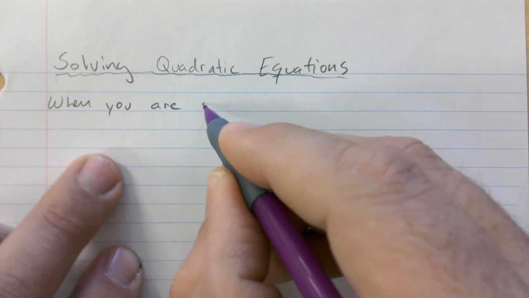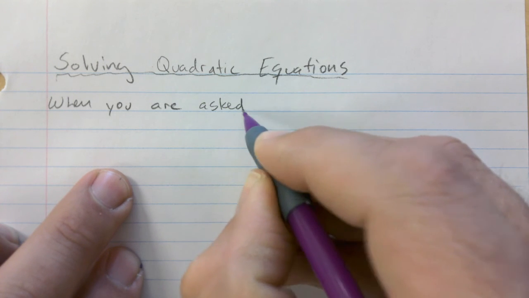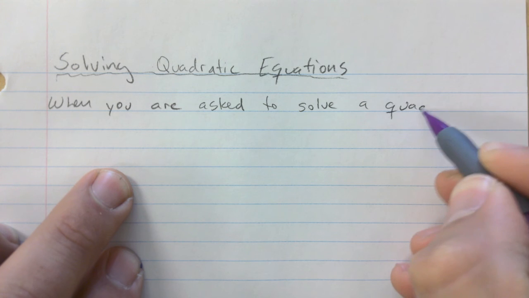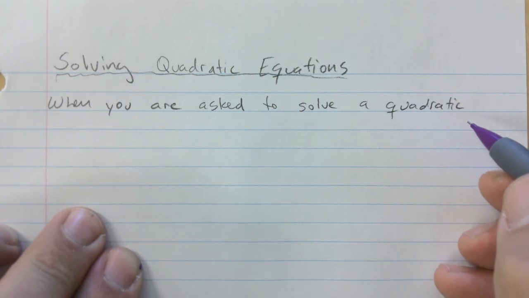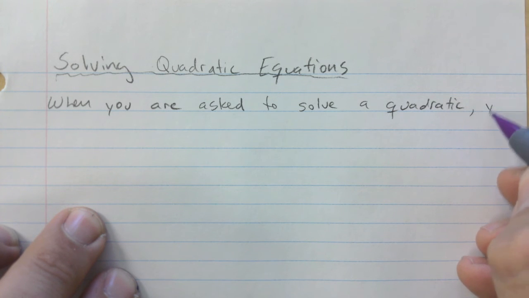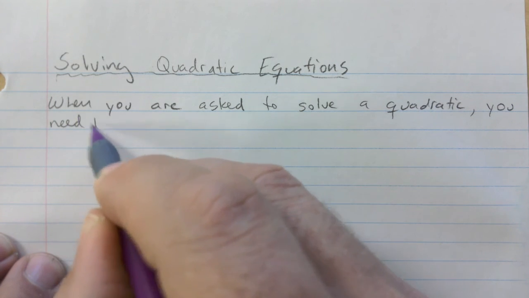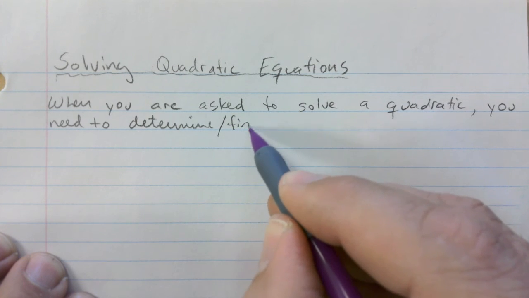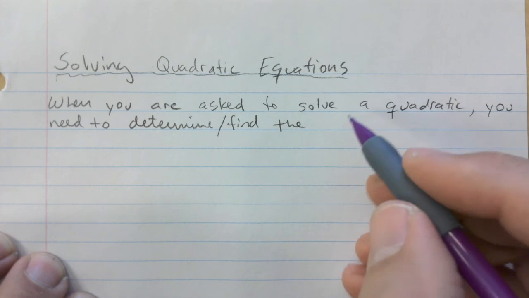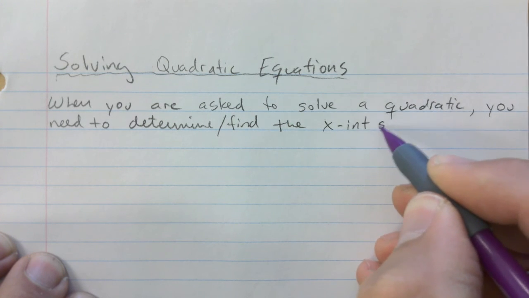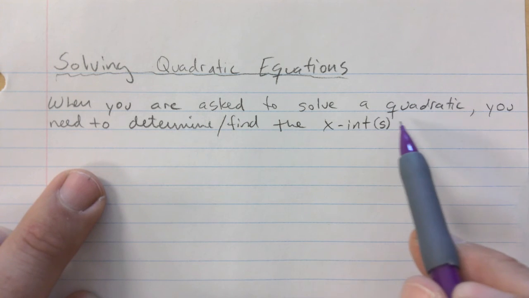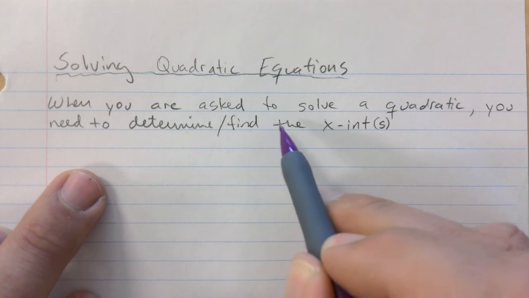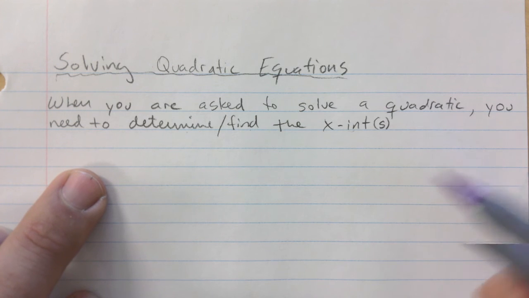When you are asked to solve this quadratic, what they're really asking is to determine or find the x-intercept or x-intercepts, depending on the situation.